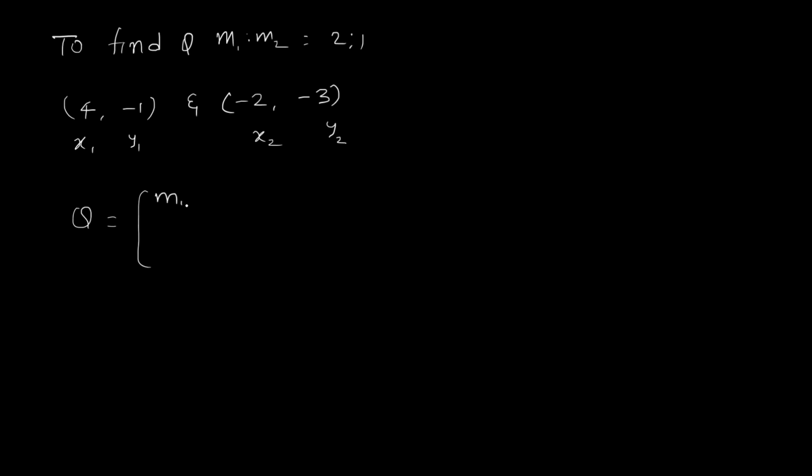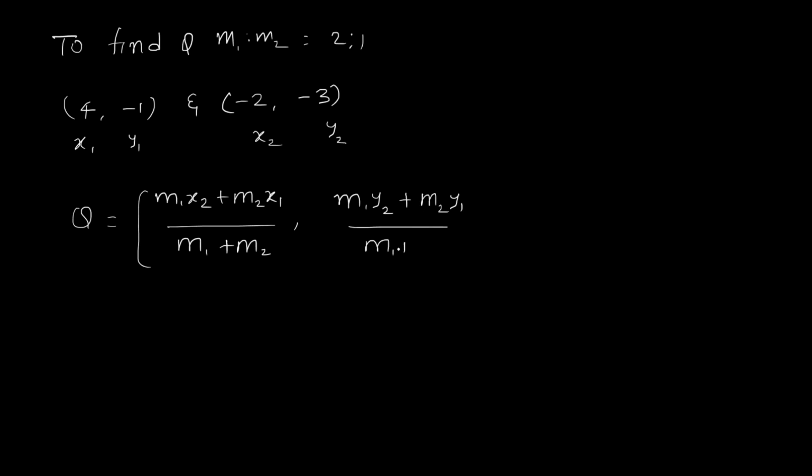It will be (m1 x2 + m2 x1)/(m1 + m2), comma, (m1 y2 + m2 y1)/(m1 + m2). Here m1 is 2 because we have taken the ratio as 2:1, so m1 is 2 and m2 is 1.